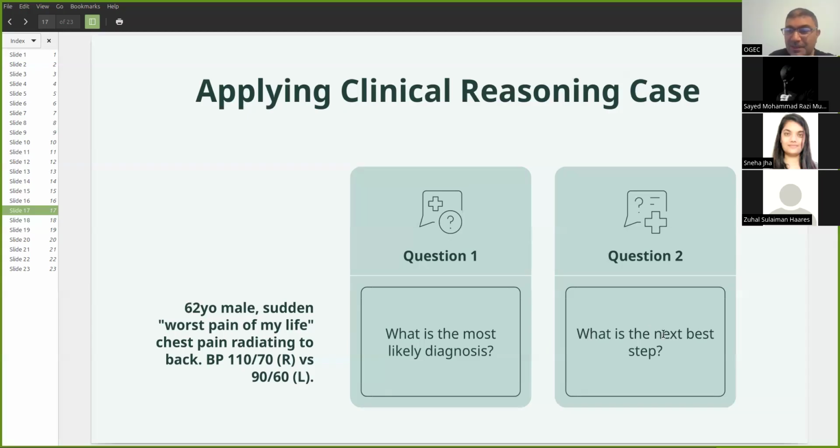And what is the next best step in this patient? So the first step is to stabilize the patient.